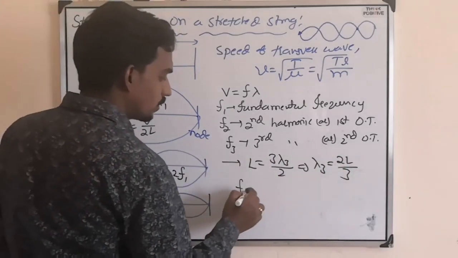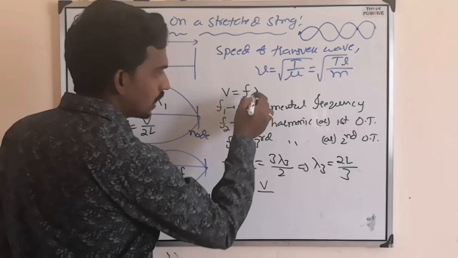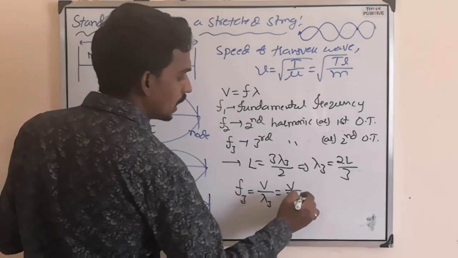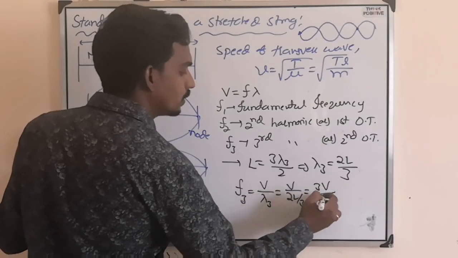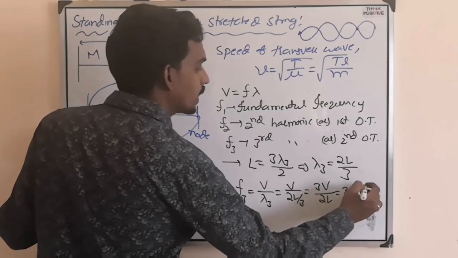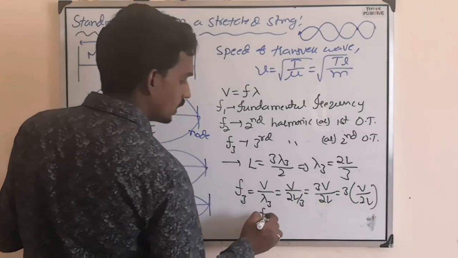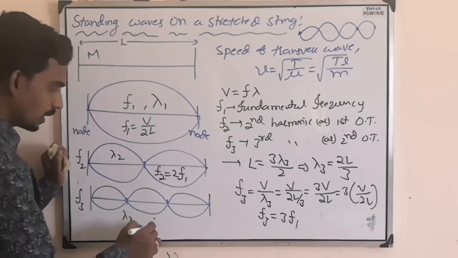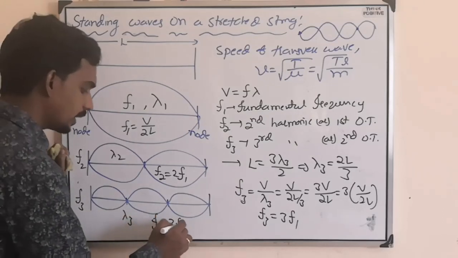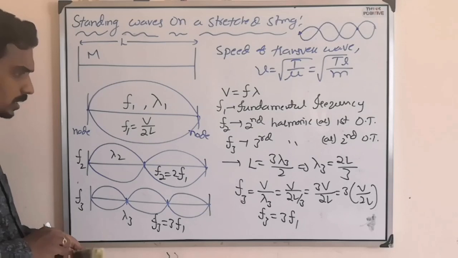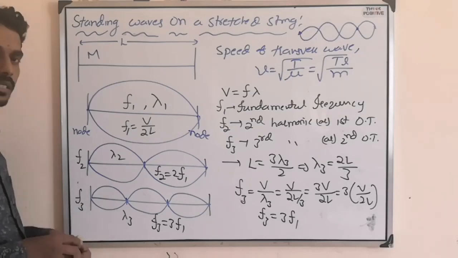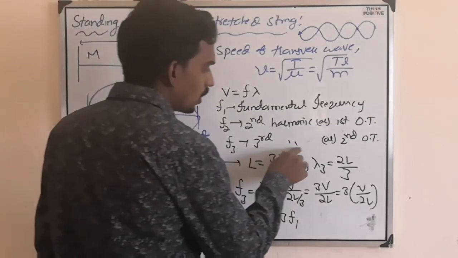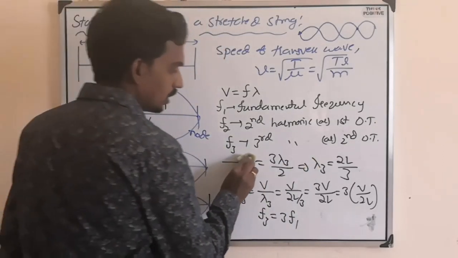Now the corresponding frequency will become V by lambda 3, which with lambda 3 equal to 2L by 3 gives 3V by 2L, 3 times V by 2L, nothing but 3 times F1. Now the third frequency F3 is 3 times F1. So the third possible frequency is 3 times the fundamental frequency, and that's why we call it the third harmonic.